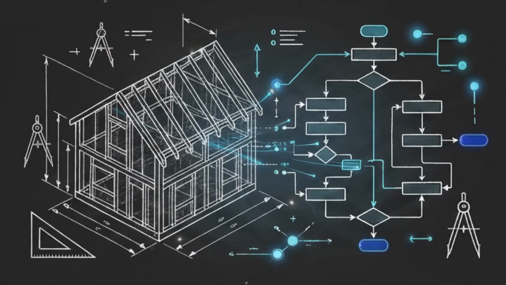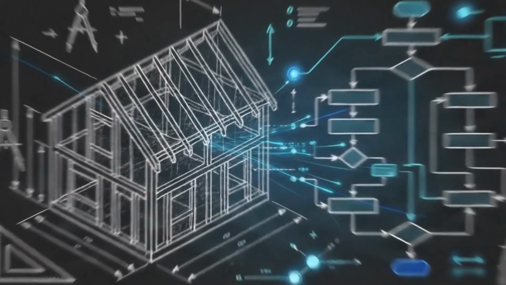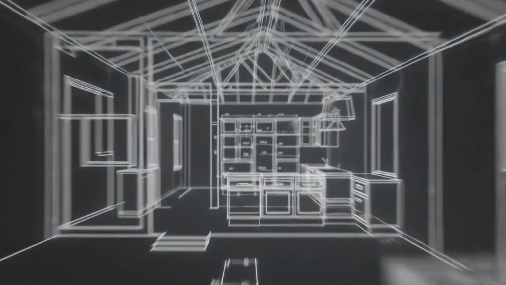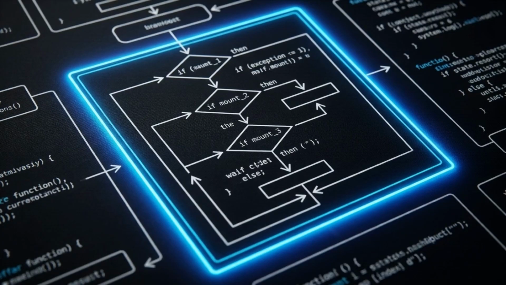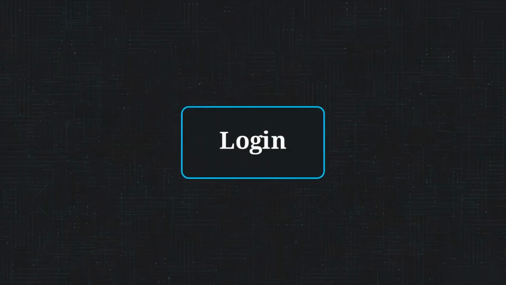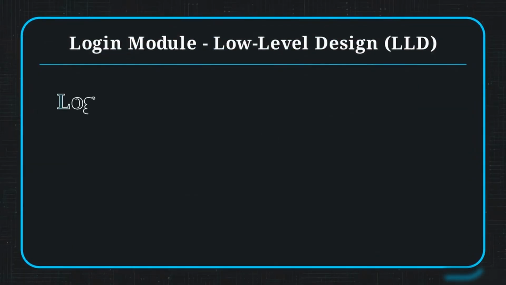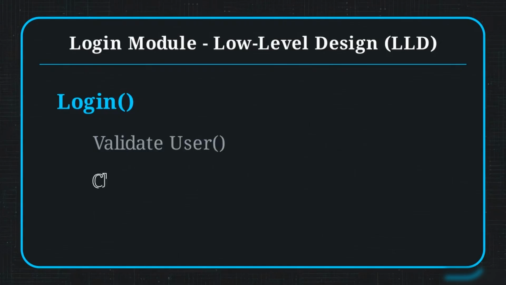Once the overall floor plan is settled, we zoom in on the exact details. This is low-level design. Here, we focus entirely on the step-by-step logic inside just one single module. If we look closely at the login module, we see the low-level design spelling out the internal logic.